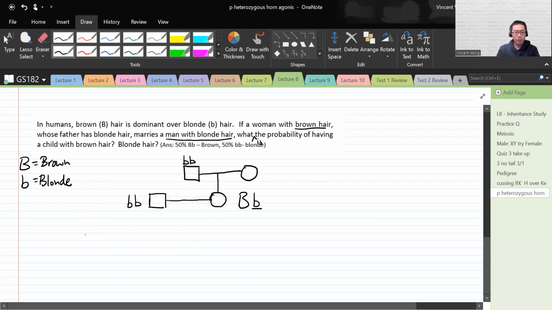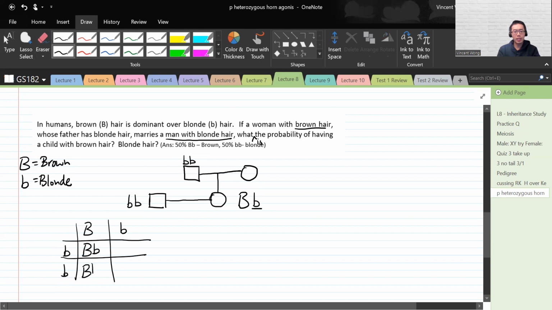So we do the Punnett square again. For the man, the husband, he's blonde, so he can only pass on little b. All of his sperm is going to carry the little b allele. And for the woman, the mother, she has big B and small b, so half of her eggs is going to have big B, the other half is going to have small b. If this sperm fertilizes that egg, we're going to have big B, small b.